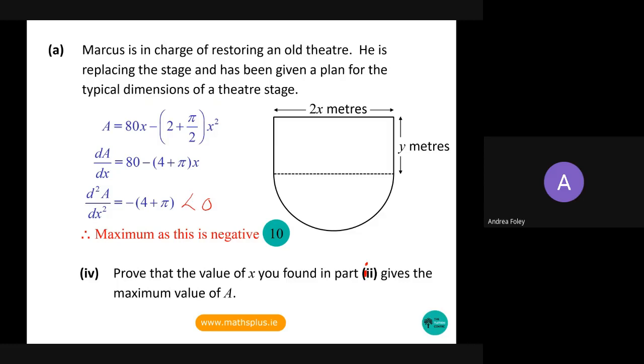And then obviously you need to have got that right and stated that it is a negative to get the full 10 marks. So in terms of the work of merit there, if you got rid of the 80, because you know that when you differentiate 80, that would count as work of merit towards finding the second differential.